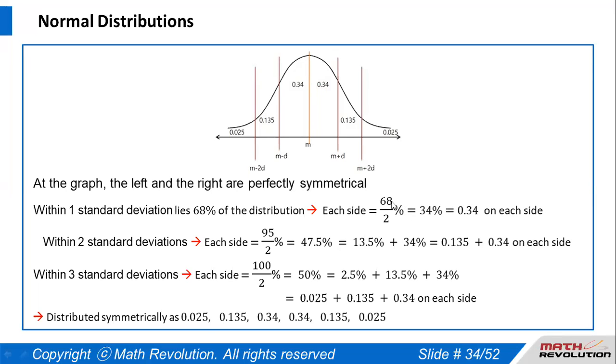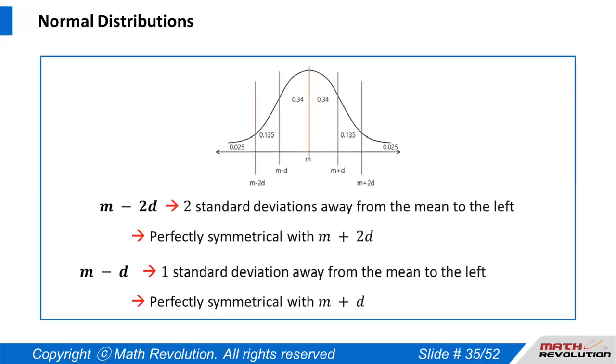So we have 68% over 2, that happens to be 34. 95 over 2, that is within two standard deviations, gives me 47.5. 47.5 on one side would distribute as 34 and 13.5. On the other side, it would also be 34 and 13.5. If we go to 100% with three standard deviations, it becomes 50% on both sides, out of which 2.5, 13.5, and 34 are distributed symmetrically.